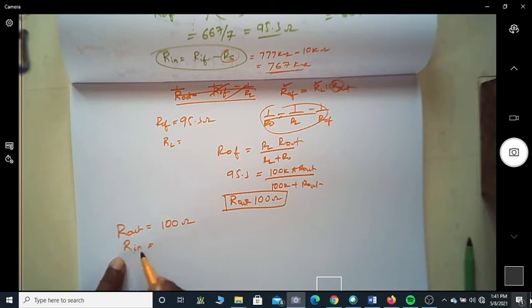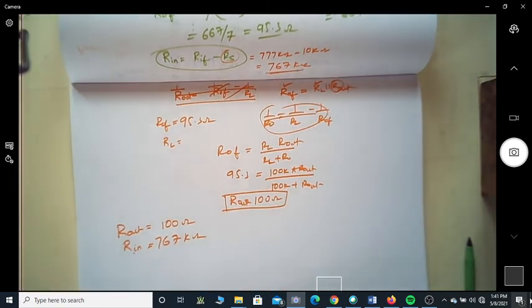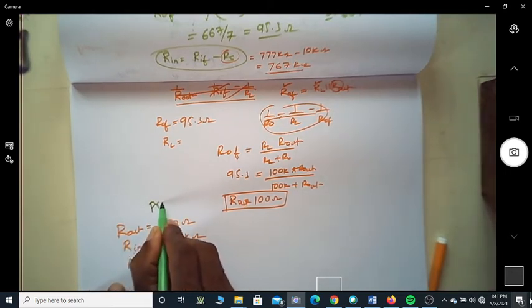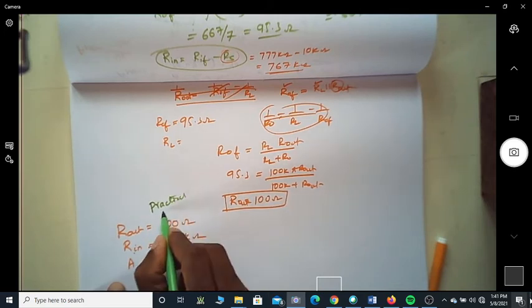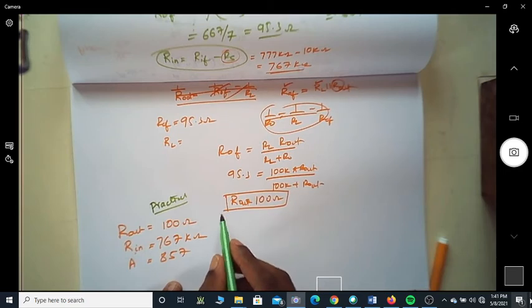It is the input impedance of the amplifier excluding the Rs, which was coming out to be 767 kilo ohms. And of course, we also know the A value is coming out to be 857. These are practical values, considering the impact of all the non-idealities.